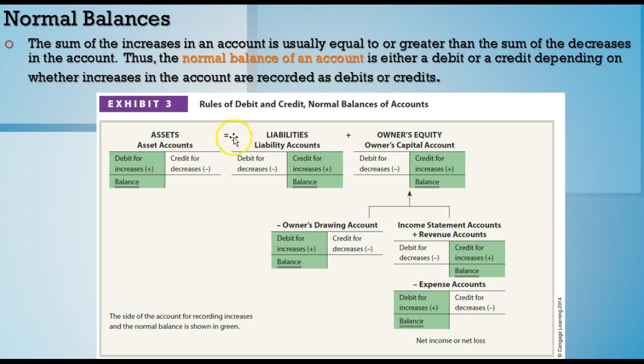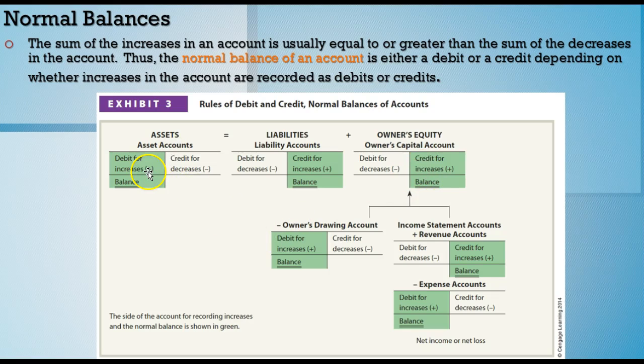Same thing for owner's equity. Look where it is. It sits on this accounting equation. Assets are always your mainstay, right? So your owner's equity increases with credits and decreases with debits. Now that's real easy. Debit, decrease, credit, increase. So you've got D to D and C to C here.